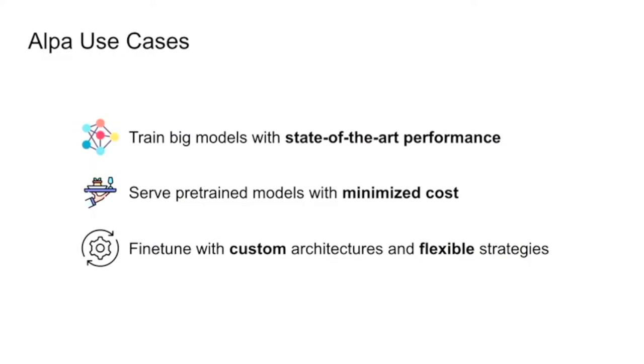On serving, Alpa can serve existing pre-trained models like Meta's OPT or the Bloom model. And on fine-tuning, Alpa provides a lot of flexibility, which means that by using Alpa, you will have more space to customize your model and model architecture, and Alpa will generate flexible parallel strategies for your specific model and cluster. You don't have to always pursue the best GPUs or best cluster available in the world.